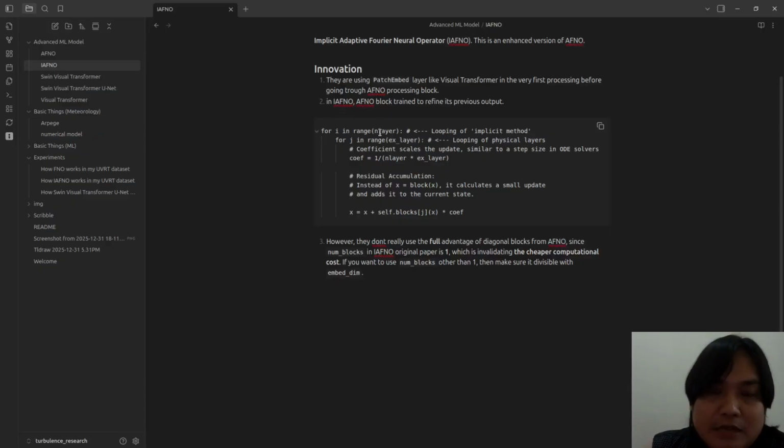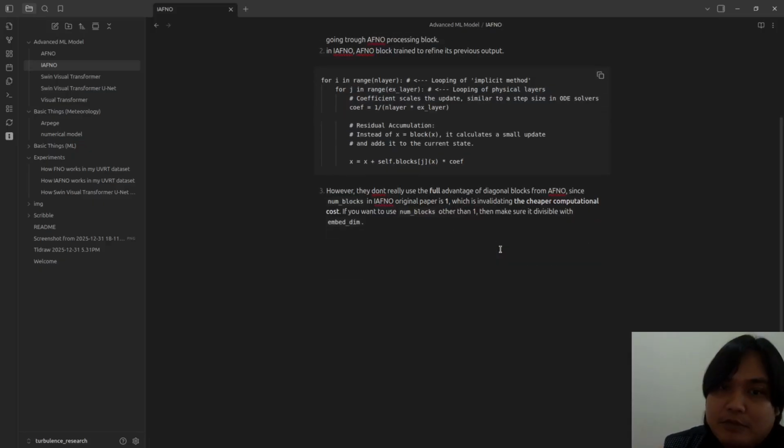In the IAFNO, they want to replicate how the implicit method works. So they will process the input many times using a certain block. Actually, you can choose if you want to make 2 blocks or 3 blocks or just 1 block. For example, if we use 3 blocks and then we want to loop it 2 times, then 2 times 3 is 6, there will be 6 times processing for the input.